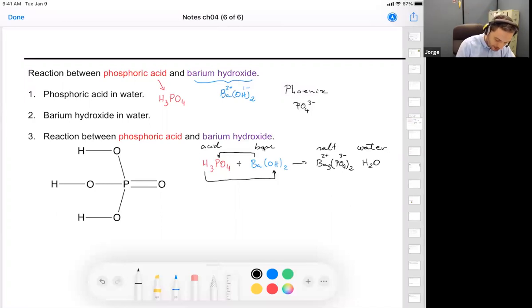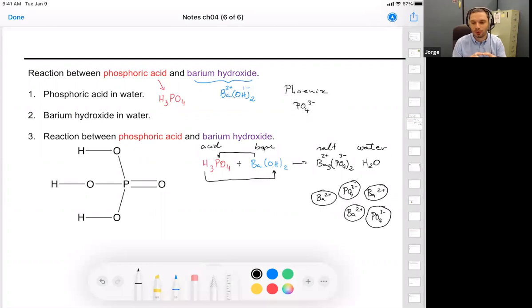So that here means that in this structure, we have 3 barium ions and 2 phosphate ions, okay? So that's why we need to make sure the phosphate is in between parentheses.